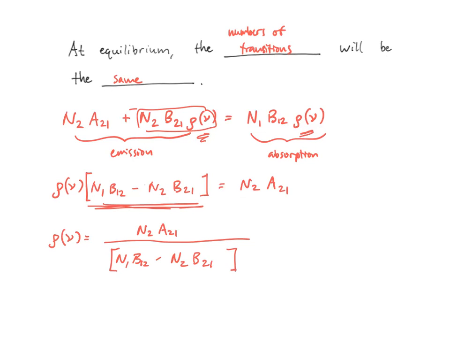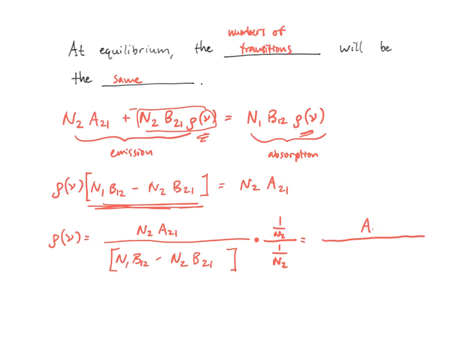Okay, so now if I want to get rid of the N2's, then I can multiply this whole thing by 1 over N2 divided by 1 over N2. Notice that's the same as just multiplying times 1, but it's going to make this expression a little bit nicer for us.